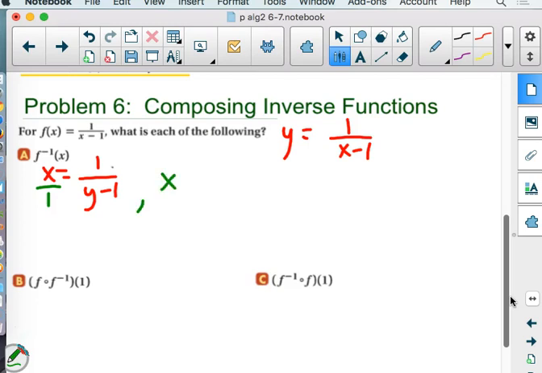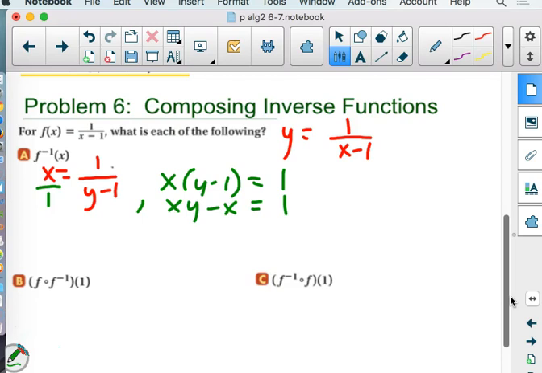So x times y minus 1 equals 1 times 1, which is just 1. Okay. Now your algebra instinct should kick in. What do you want to do? When you see parentheses with something outside them, what do you want to do? Distribute. Let's distribute. Now I can focus on getting y by itself. How do we do it?